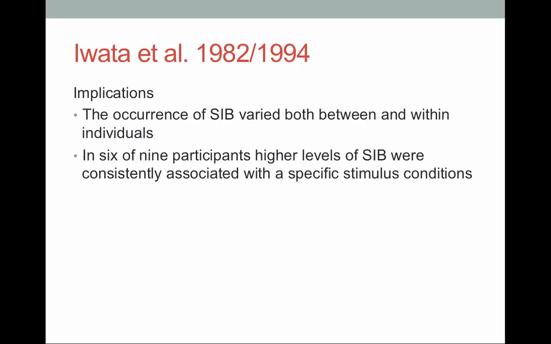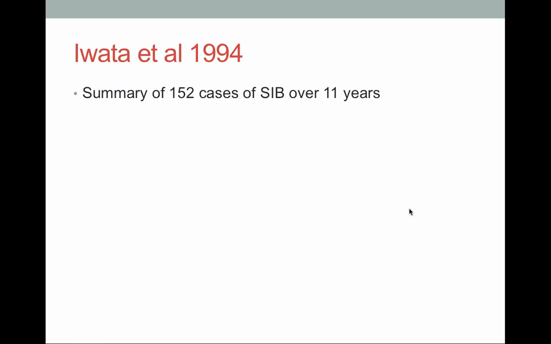You have to pick a particular treatment based on the assessment results from that individual. He also found that in 6 of the 9 participants, there were higher levels of SIB consistently associated with a specific stimulus condition.